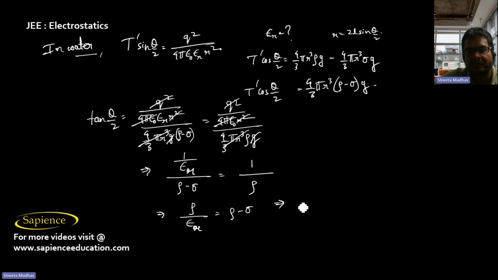It means epsilon r is equal to rho by rho minus sigma.